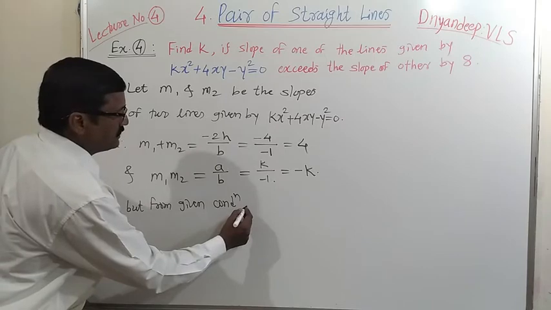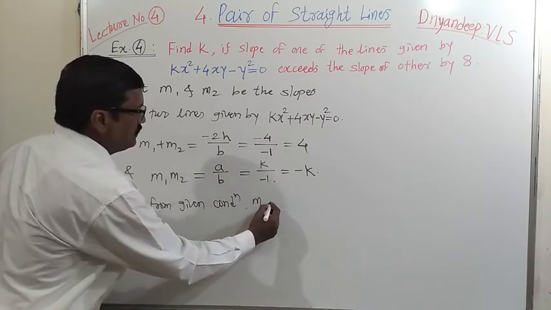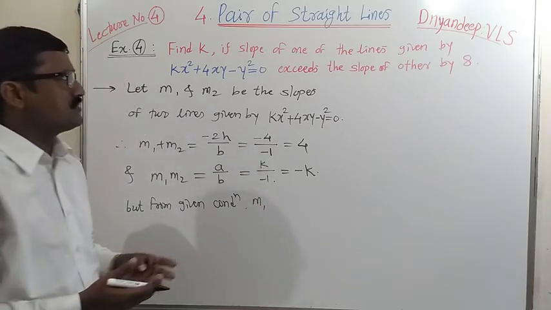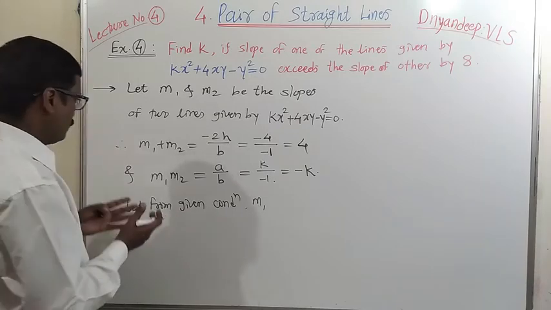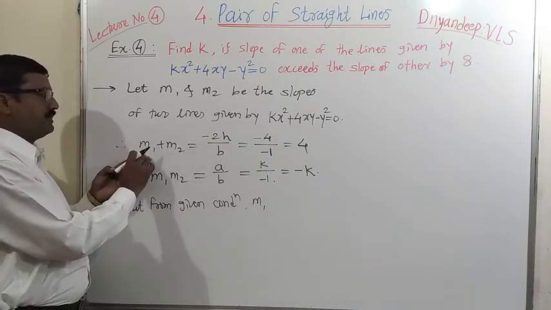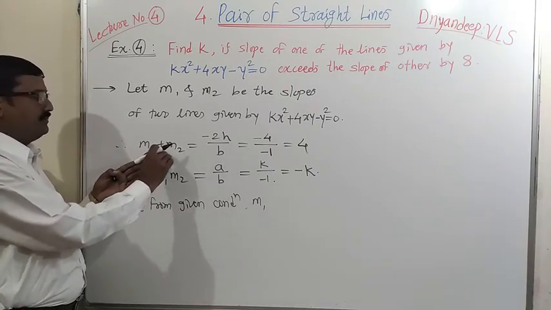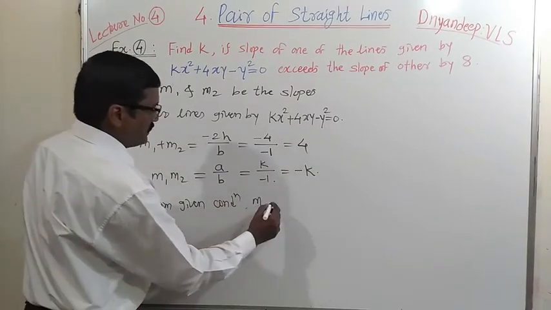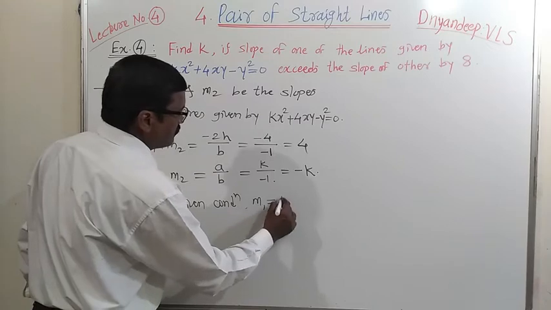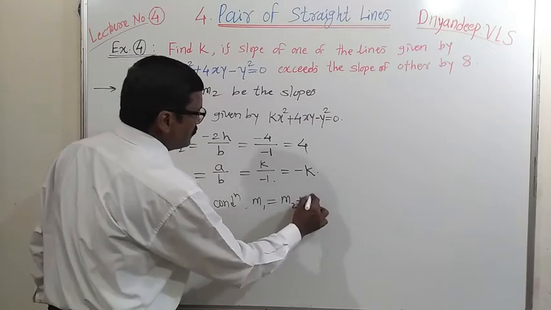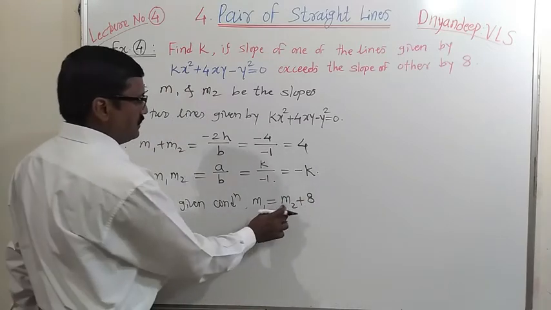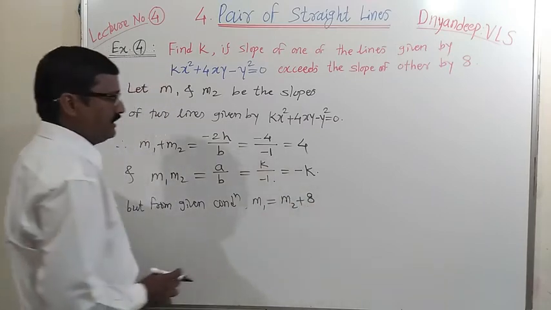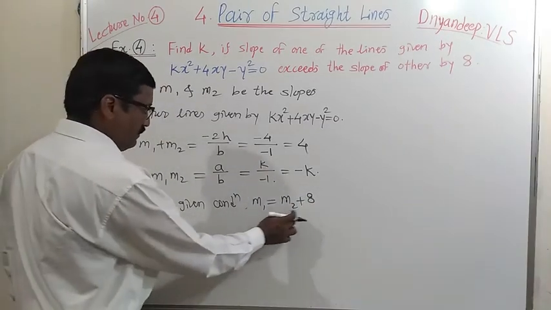So by given condition, one of the lines means we don't know, the first line will have slope m1 or m2. We can take any one. So for instance, we are considering that m1 is more than this m2 by 8. So m1 equal to m2 plus 8.